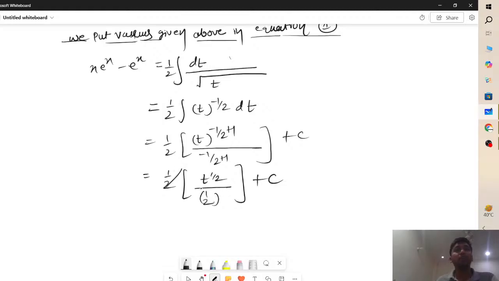Now 1 by 2 is common, so you can cancel this part. We again get under root t plus c, and this equals x e^x minus e^x, where c is our integrating constant.